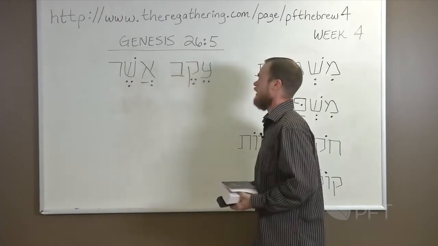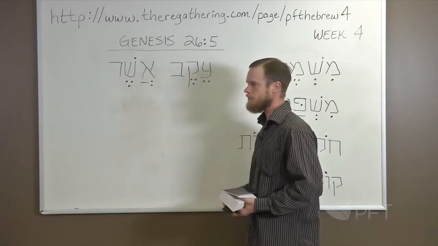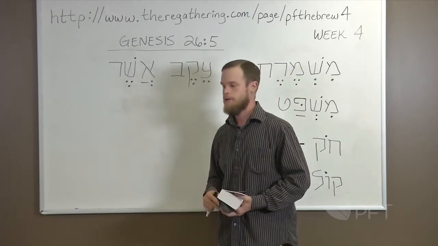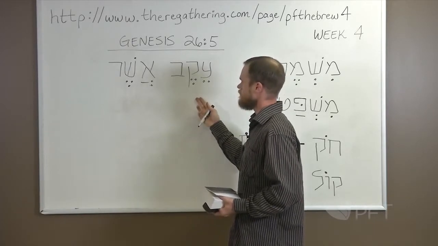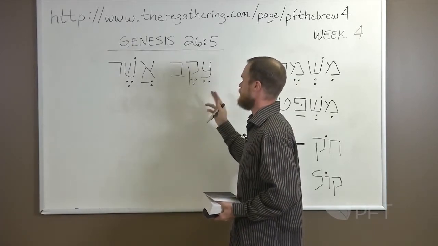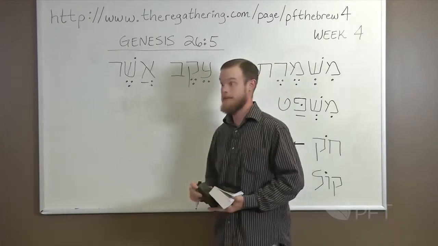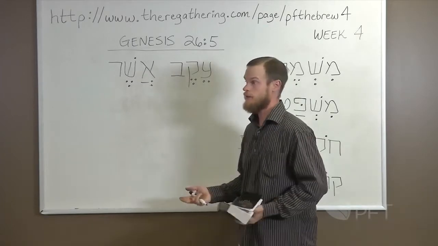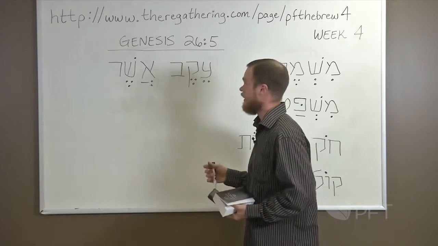Akev basically means because. Now, of course, ki means because. And you'll see frequently that there are a number of prepositions and combinations thereof that are used for ideas like because, or, of course, ki can be used in that sense.